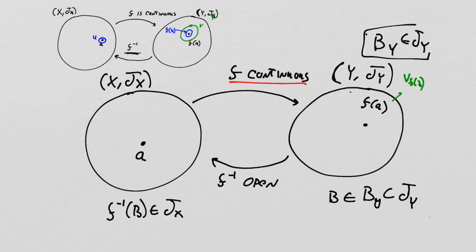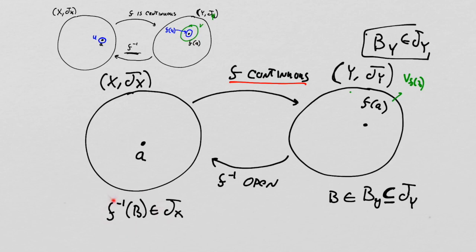So the way I have it written here is B_Y is the basis of the topological space Y, and that's a subset of the topology of Y. In principle, by the way, sometimes the basis is the topology, so we can have a little equal sign there. It doesn't have to be a proper subset. And then our example B is just one element of the basis.